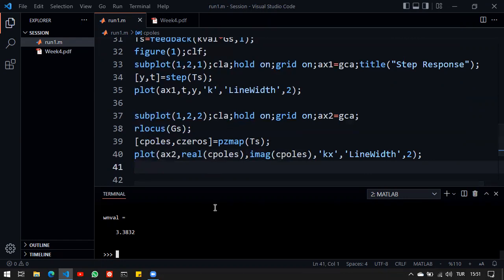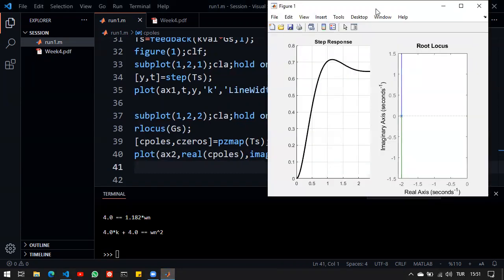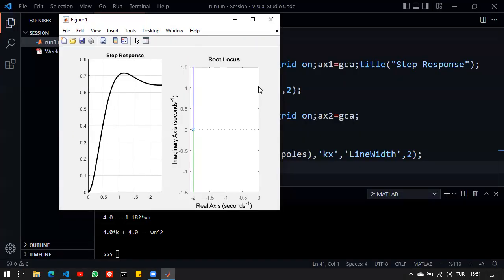There we go. Now, so now we can see that the step response is given on the left, and we have a root locus plot on the right, but I cannot see where the poles are.